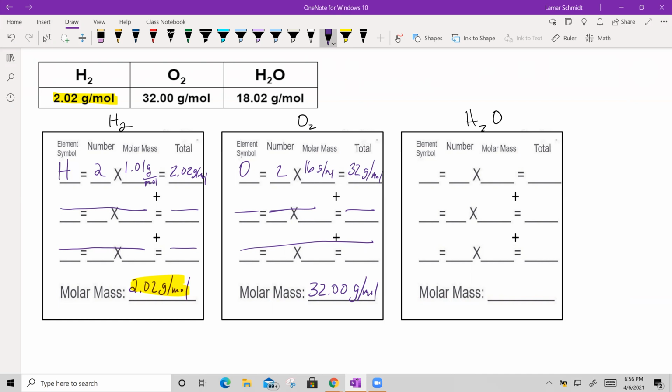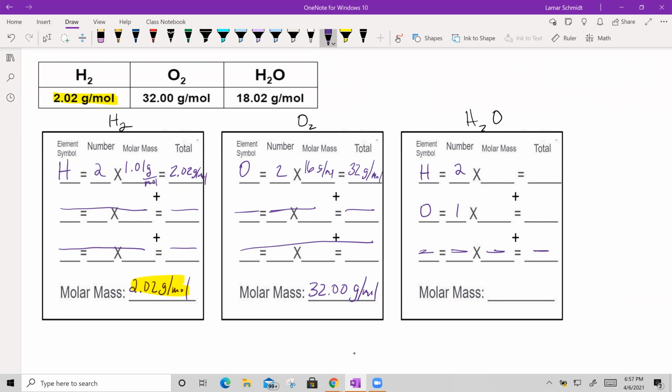All right, and then let's go to water. Now, water is going to be a little bit different than hydrogen and oxygen in that we have two elements involved. So we have hydrogen and we have oxygen. And so you should be able to know that we are not going to need this line. And you should also know that there are two hydrogen and one oxygen.